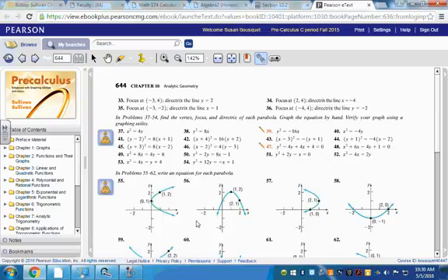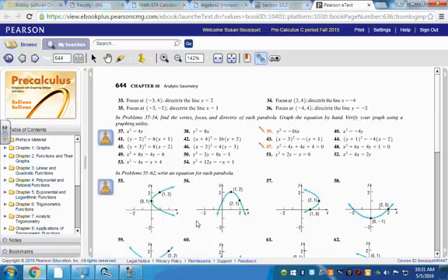So we've got x squared plus 6x minus 4y plus 1 is 0. The task is graph it, vertex, focus, directrix, and I'll throw in an eccentricity for one bonus point.